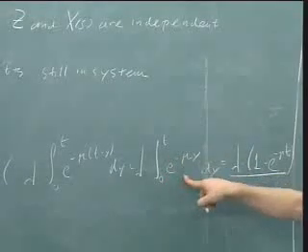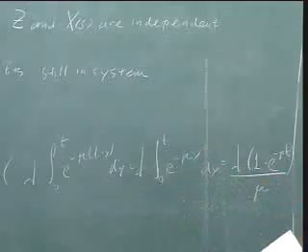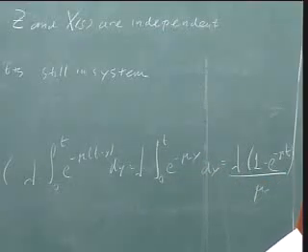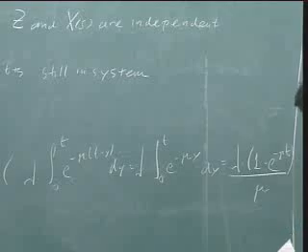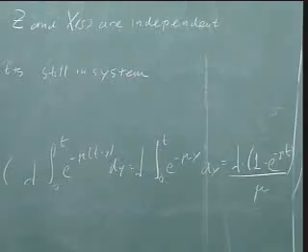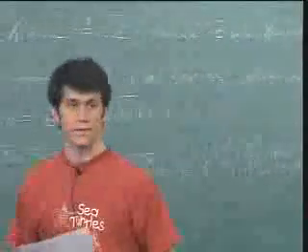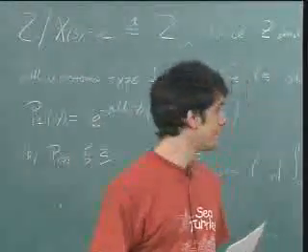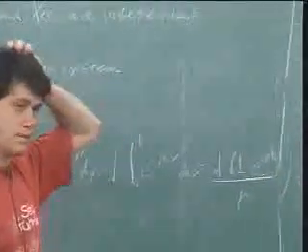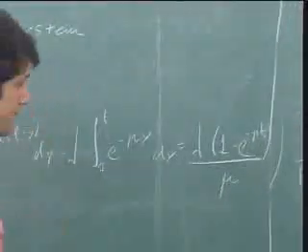And then this is just the CDF evaluated at point t. It says 1 minus e to the minus mu t.